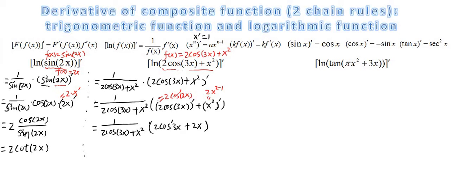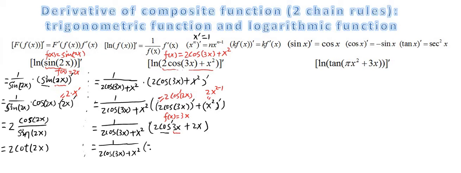Now let's focus on the derivative of cosine 3x. How to do the derivative of cosine 3x? We're gonna apply the trig rule. Here the capital F is cosine. And what is the little f(x)? That is 3x. Now let's simplify it. 1 over 2 cosine 3x plus x squared.